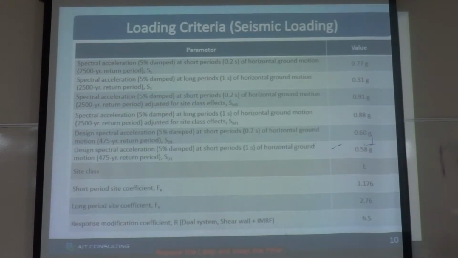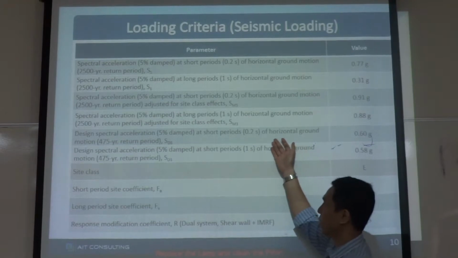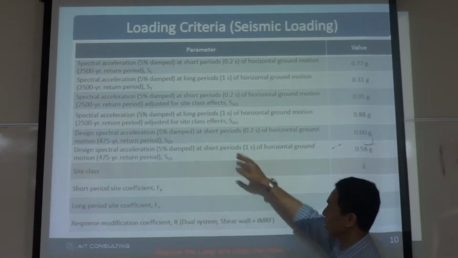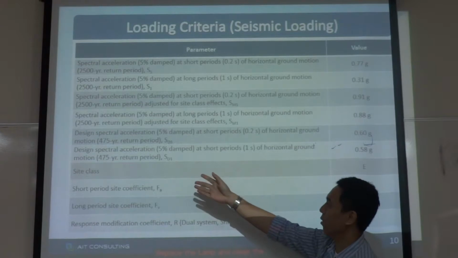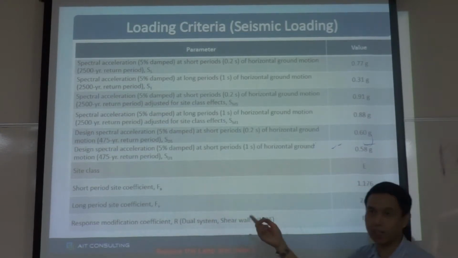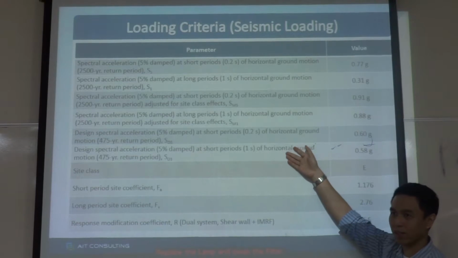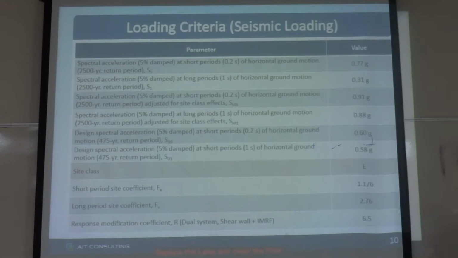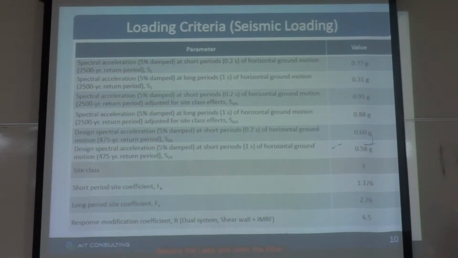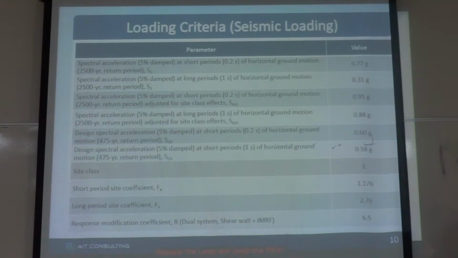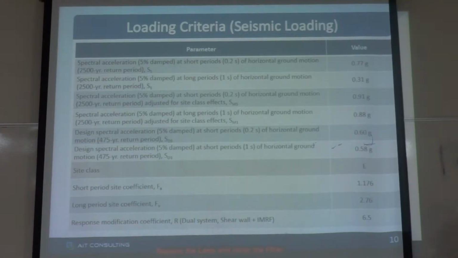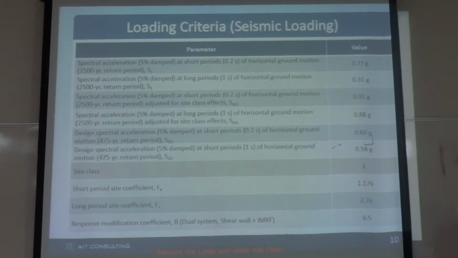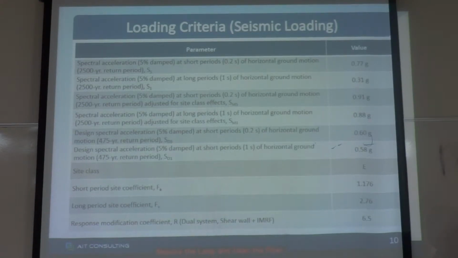This earthquake can come at a 500 year interval, so this is already a strong earthquake. But if a minor, small earthquake comes, the building will not be damaged, it will behave elastically, and we can reuse the building just after the earthquake. No need to repair the building.